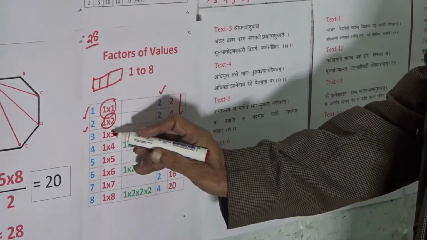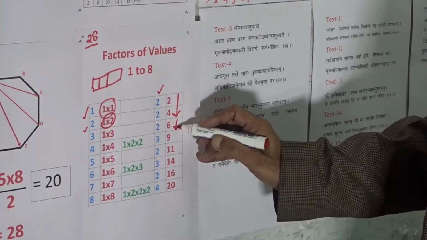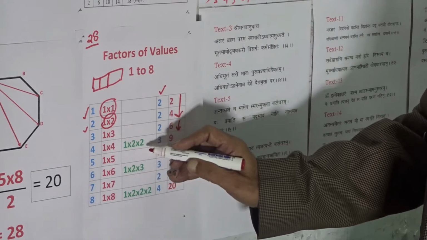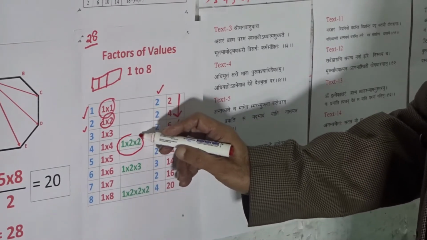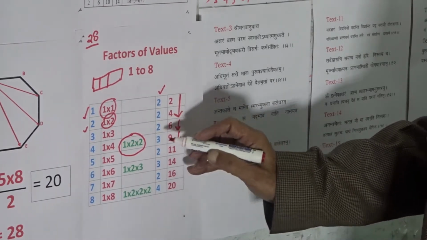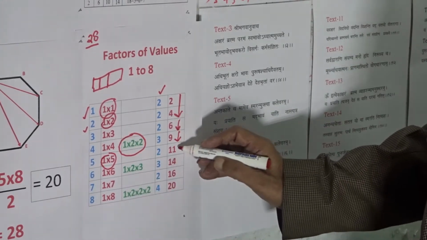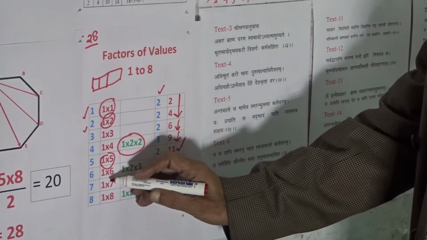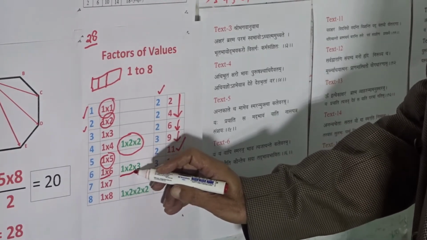Value 3 leads to 1 into 3, 2 factors. Summation value becomes 6. 4 is 1 into 4 and it is 1 into 2 into 2. It gives 3 factors, so summation value becomes 9. 5 gives a pair of factors. We have summation value 11. 6 has 3 factors, 1, 2 and 3.